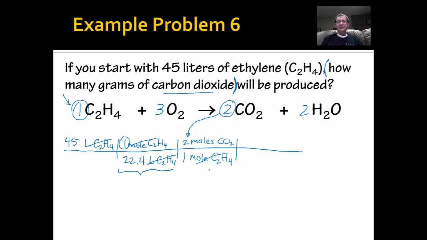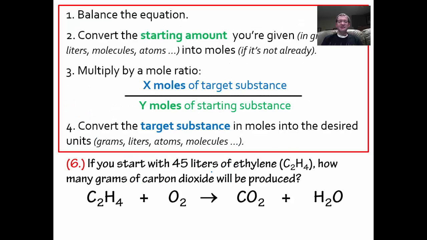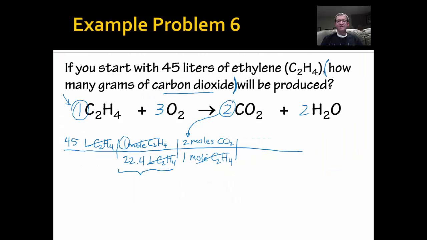And the final step is then converting the target substance or the ending substance, my carbon dioxide, into the desired units. Again, we can convert moles into grams, liters, molecules, whatever. In this case, the problem is asking how many grams of carbon dioxide, so I'll go ahead and do that conversion.